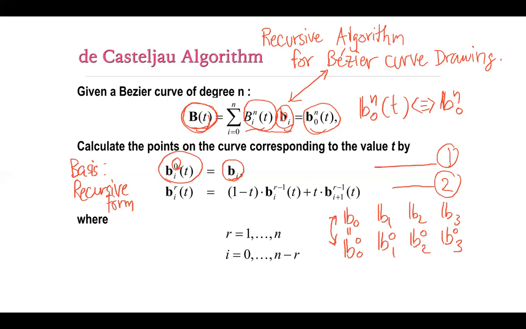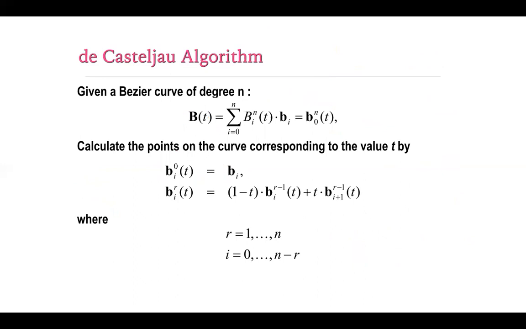So I would say it is control point B0 level 0, B1 level 0, B2 level 0, and B3 level 0 for short.